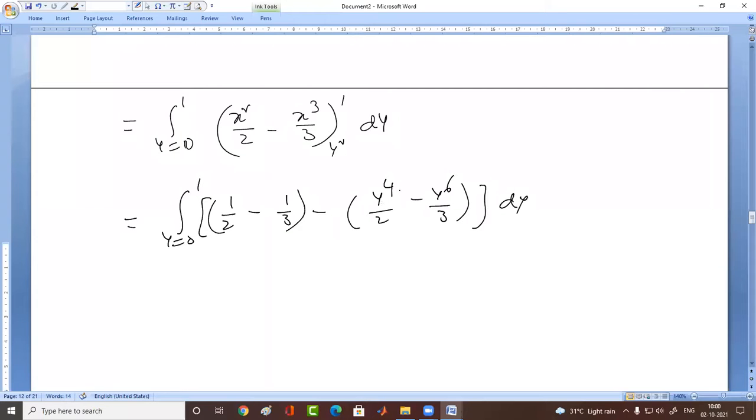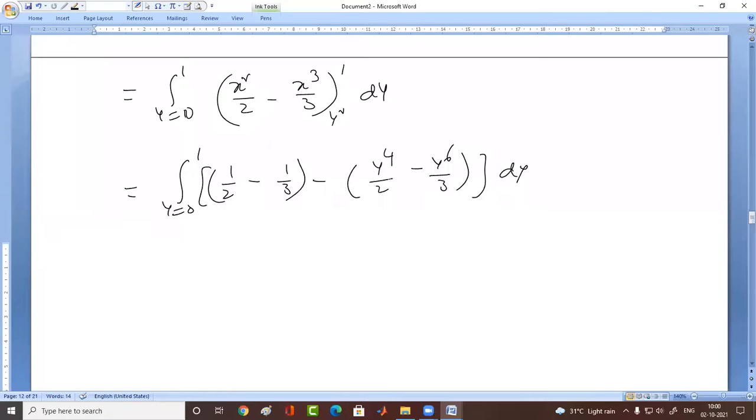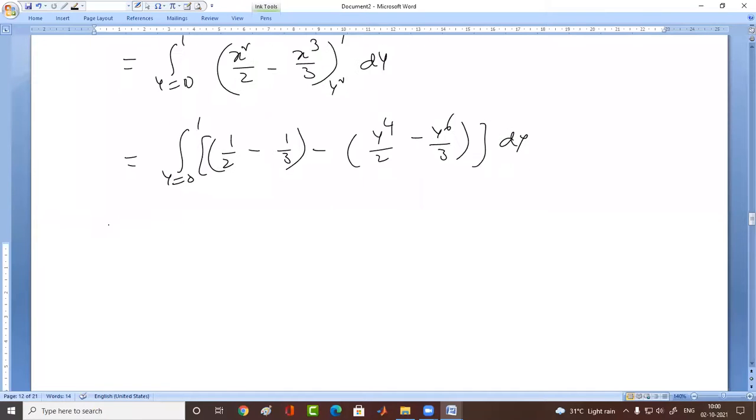Now substitute the upper limit, then the lower limit. Now integration with respect to y. If you simplify, you will get 1 by 6. 1 by 6 into y. Here, y power 4 integration is y power 5 by 5, y power 6 integration is y power 7 by 7, limit 0 to 1.